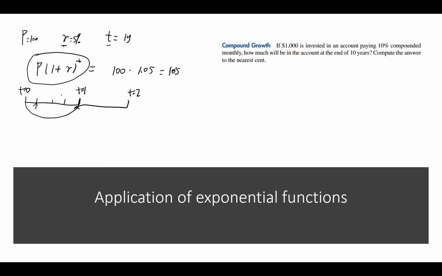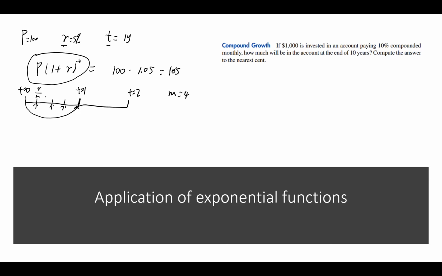Now, for each of them, the interest rate is calculated as follows. Say I have m compounding periods in 1 year, so m is the number of periods, say m equals 4 in this case. Then the interest rate should be r divided by m.